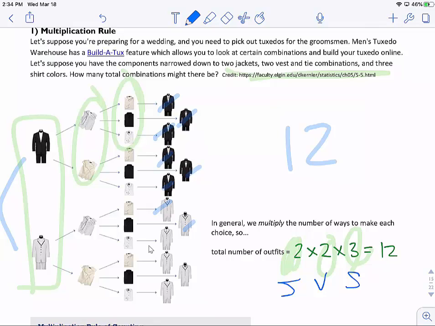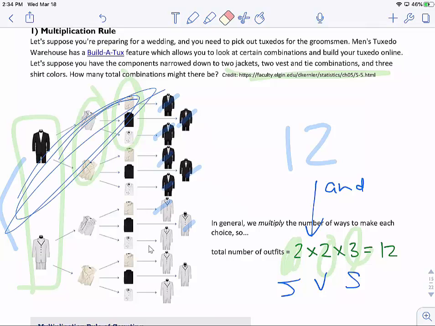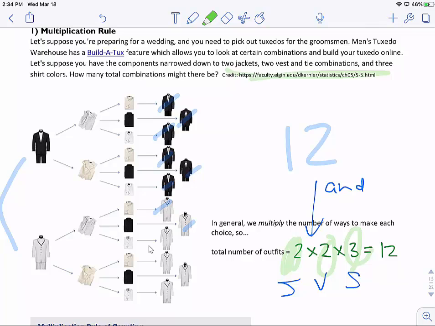They call it the multiplication rule because if you're saying something and something else and something else, you would multiply. You can notice that on this tree, this is a picture of all the combinations, and so this would be one option. This would be another option, and if you counted them, 1, 2, 3, 4, 5, 6, 7, 8, 9, 10, 11, 12, but using the multiplication rule is much easier.